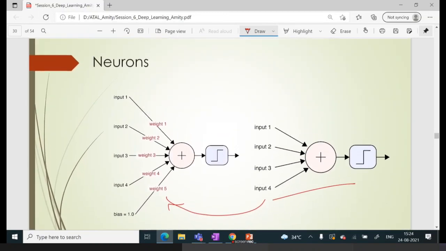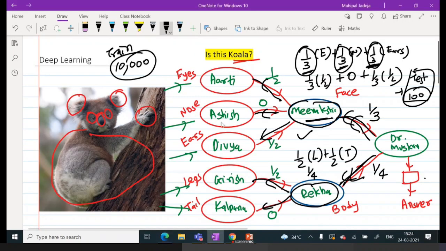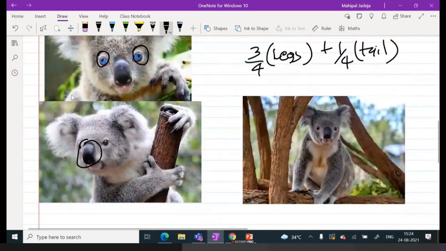And why I'm saying we can't replicate the real neurons is because we have done this particular task of identification of a koala, but as humans we don't require this much effort. All we need to do is just look at one image and we can straight away say whether the next image is of a koala or not.